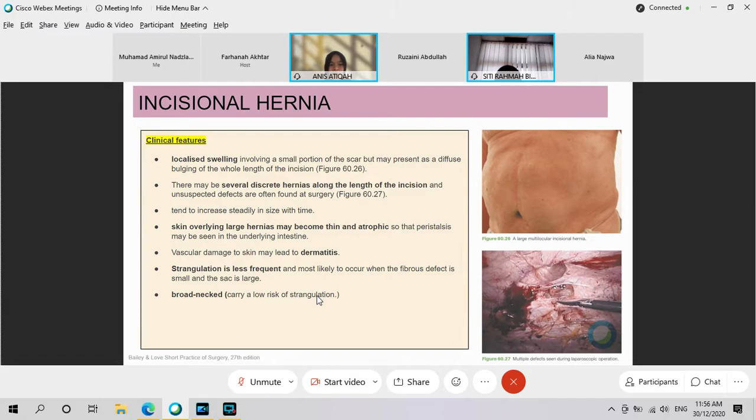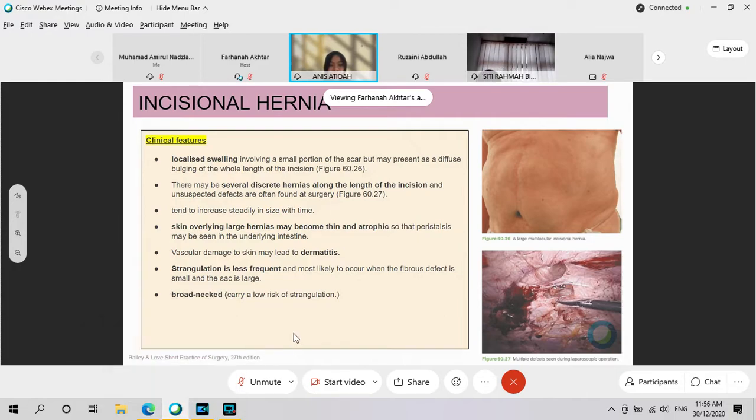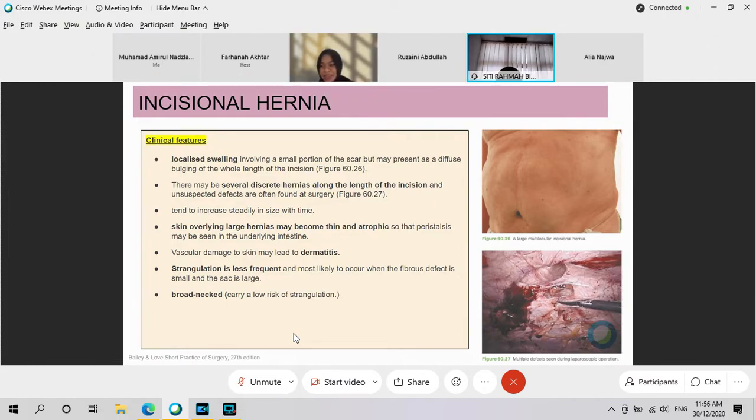Rectus abdominis? Yes. Okay, now tell me about the anatomy of the anterior abdominal wall. When you go into incisional hernia, the anatomy of the abdominal wall is not included. Tell me the layers of the anatomy of the anterior abdominal wall.